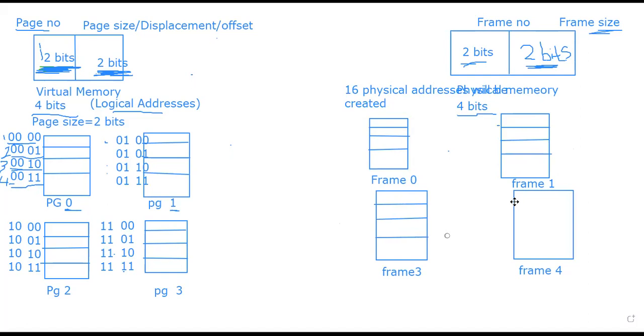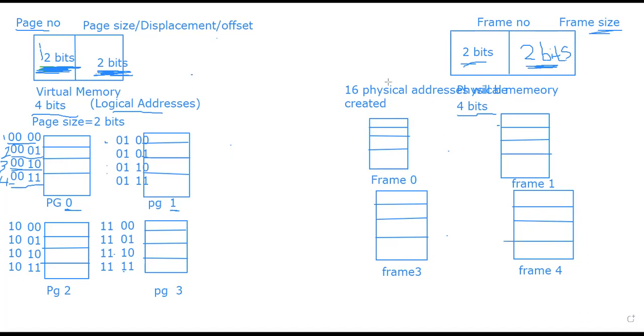Here also the first, second, third and fourth. It is the same in the last frame as well. There is no difference, because here also the frame size is 2 bits, and 2 to the power 2 is 4, so it will be created as it is.